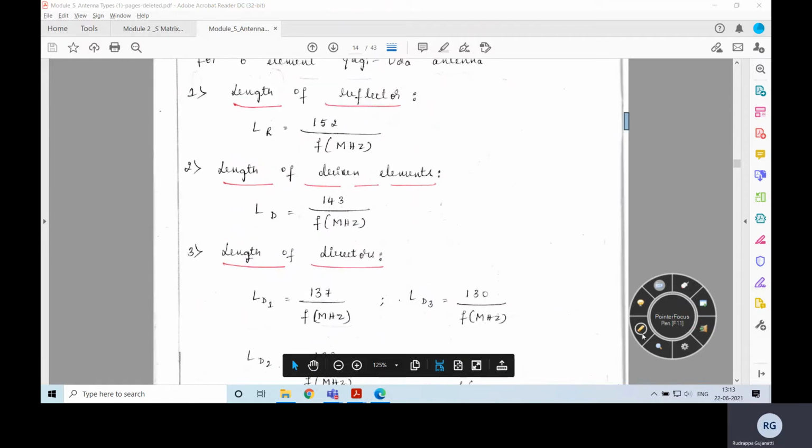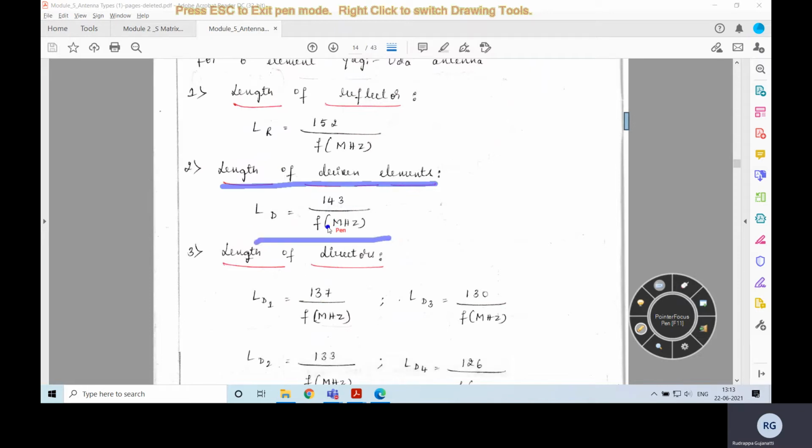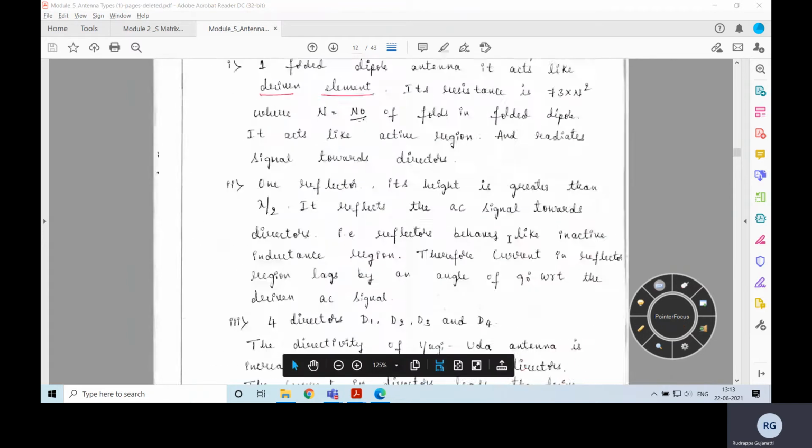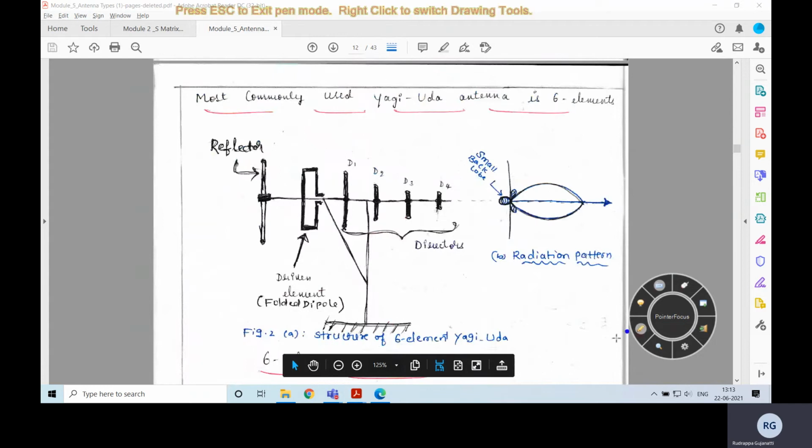Similarly, the length of the driven element is given by 143 divided by f, again with frequency in megahertz. For the length of the directors, since there are four directors, there are four different lengths. In the Yagi-Uda antenna, the director very close to the dipole is larger compared to the directors further from the driven element.